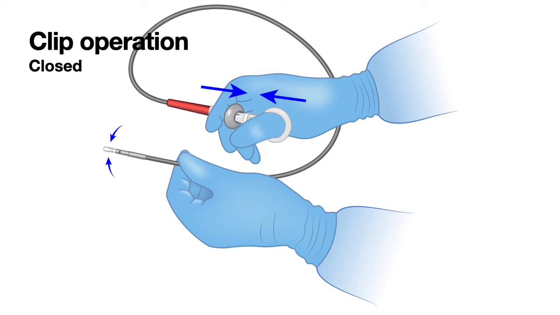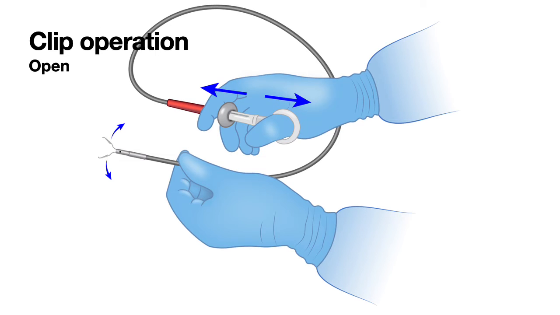So see where the forefinger and middle finger is located on the slider, and with this the clip is in a closed position, and if you open your right hand and push the slider forwards, the clip becomes open. So let us look at it.